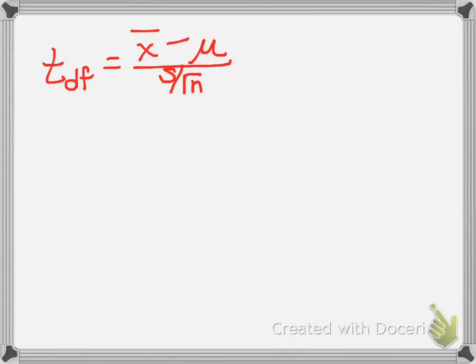The reason why we have a subscript of the degrees of freedom is because remember, t relies on two things. It relies on degrees of freedom and alpha, where normal just relies on alpha. So degrees of freedom is easy. It's n minus 1, so I'm going to say t sub 59 is equal to my mean, and in this problem they tell me it is 318.